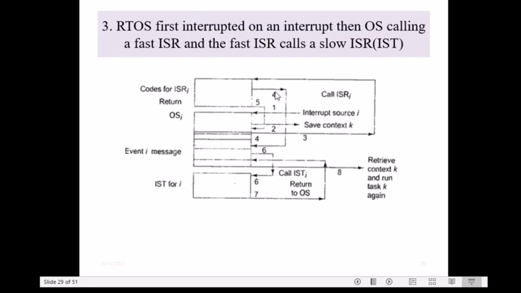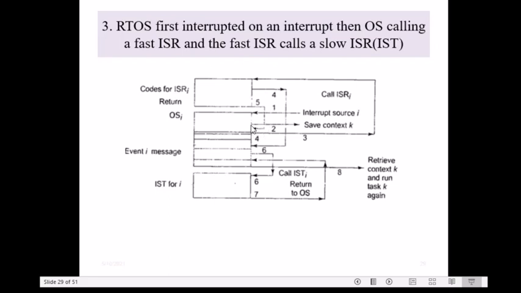So in the fourth step, the ISR generates event messages, and these event messages are stored in a FIFO structure. After the execution of the ISR, the control will return to the operating system.